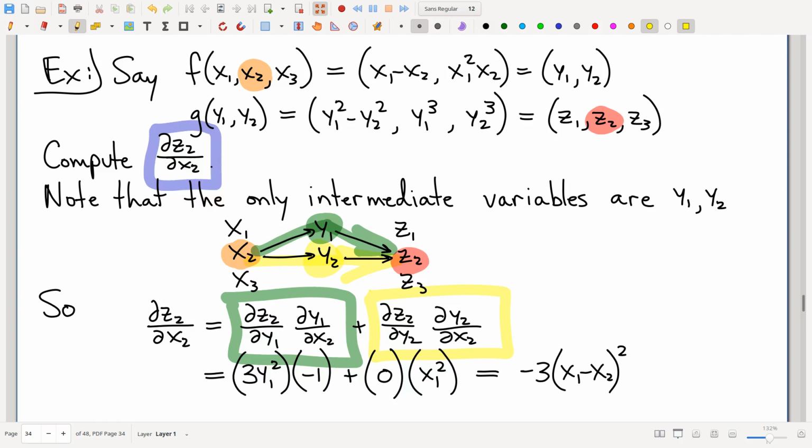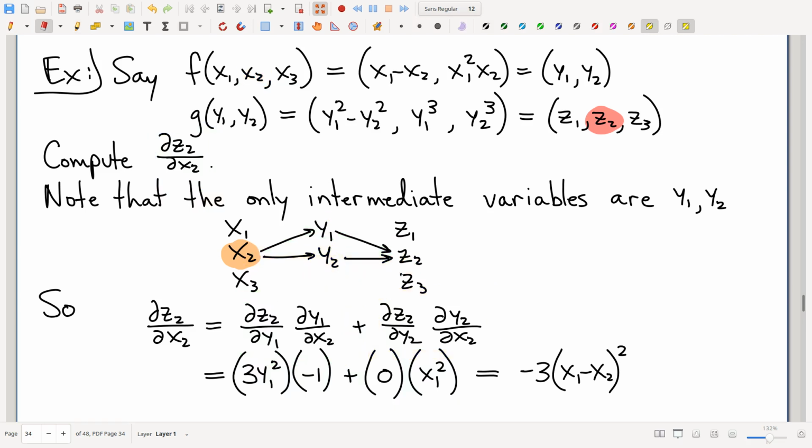Everybody on board? And it's all downhill from here. It's just computing various partials. For example, let's compute the partial of z2 with respect to y1. Here's z2. It's y1 cubed.